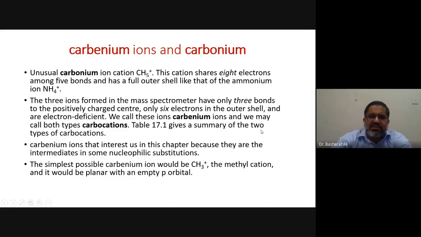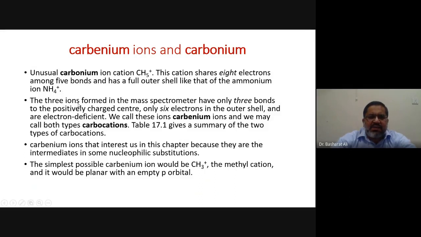Next are carbonium ions and carbenium ions. Unusual carbonium ion cation CH5 positive. The cation shares 8 electrons among 5 bonds and has a full outer shell, like that of the ammonium ion.